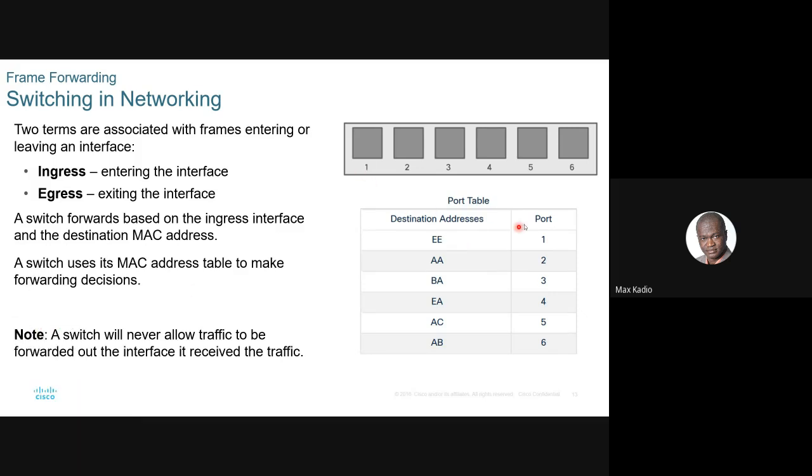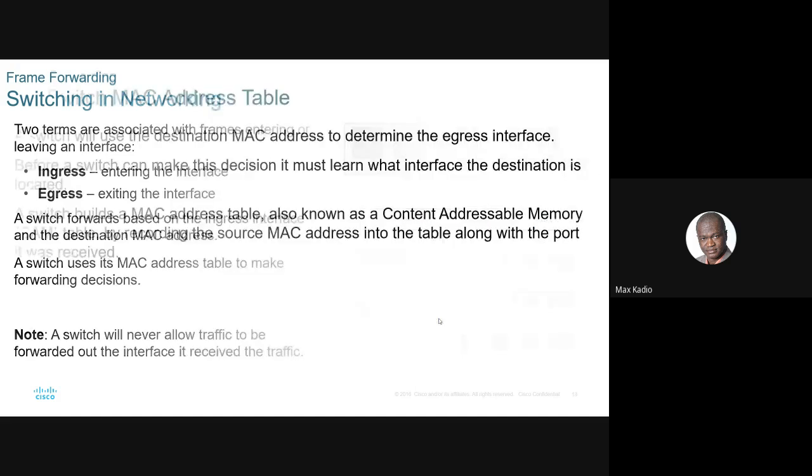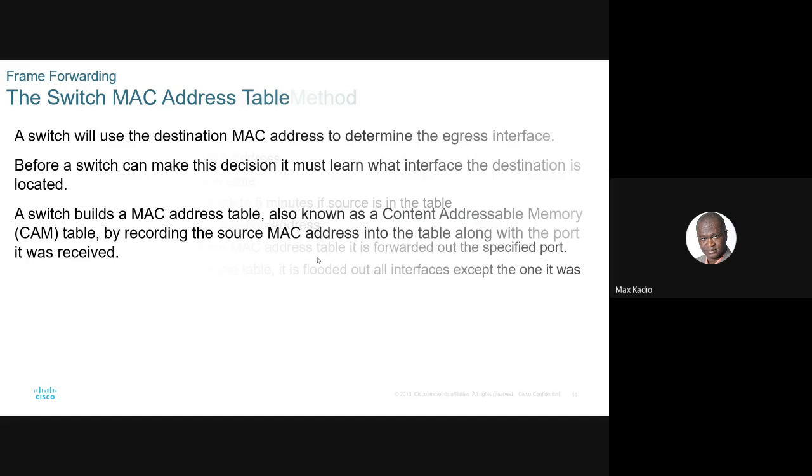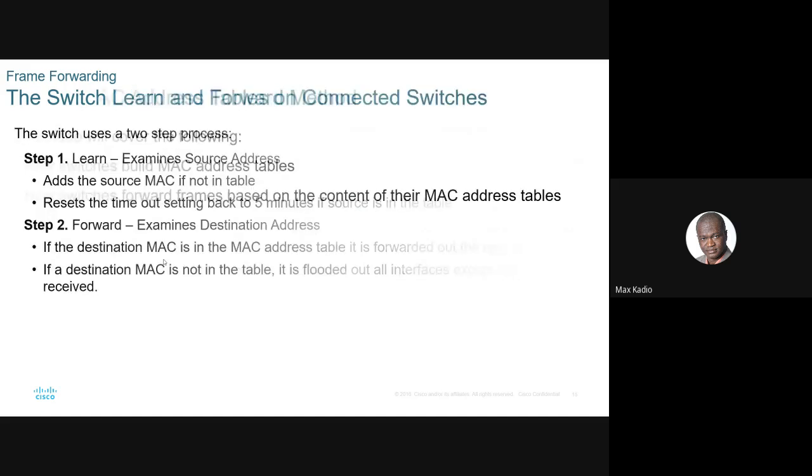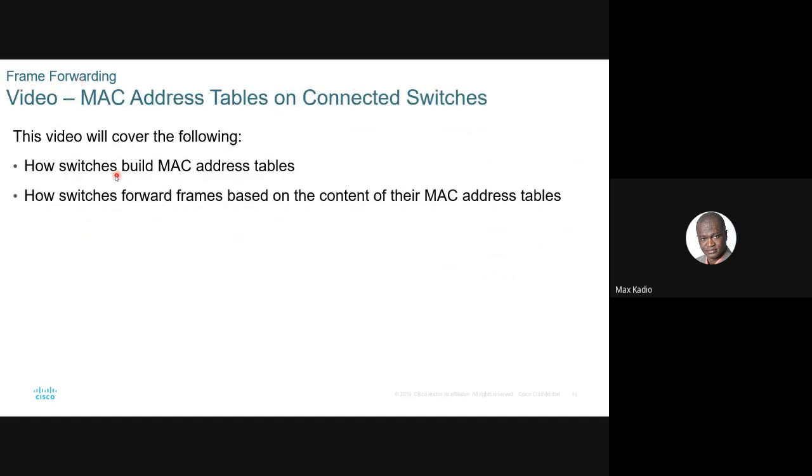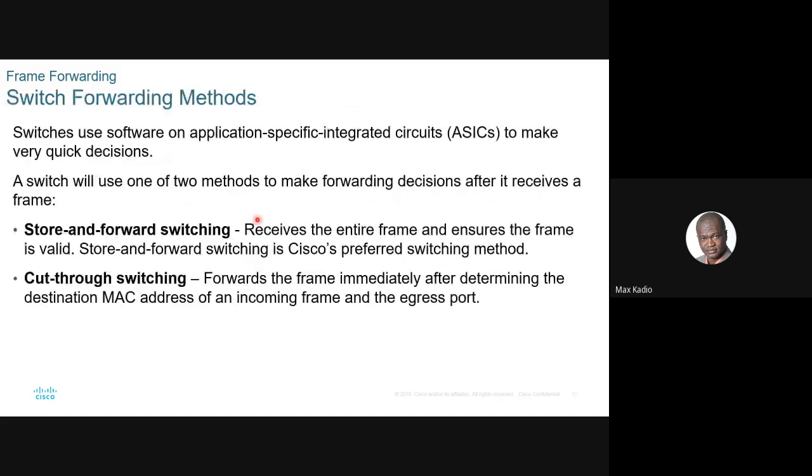So on port 1, this is the MAC address of port 1, and so on. Okay, this one we know. We did also the MAC address table. You have a nice video where you can also check. Store and forward switching, cut through. So this one you can read, it's very important.